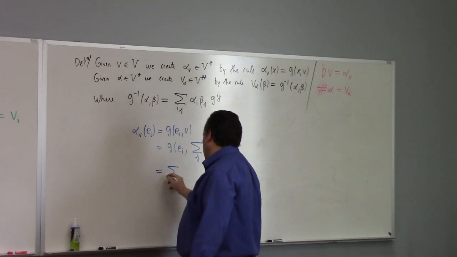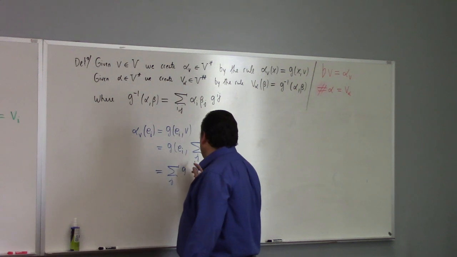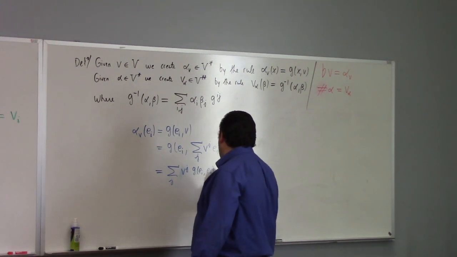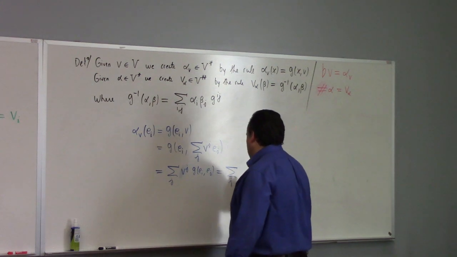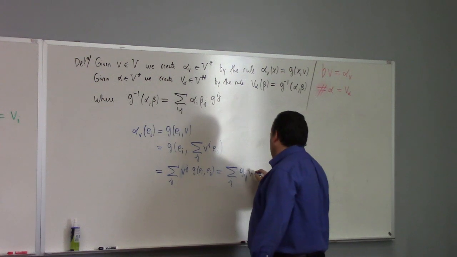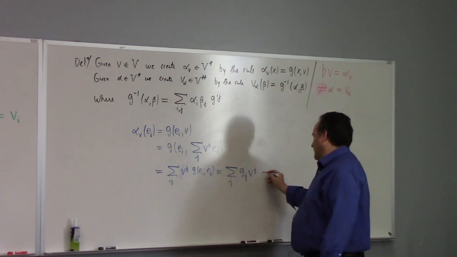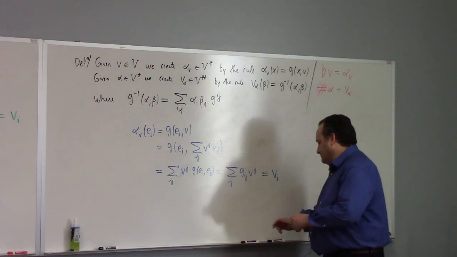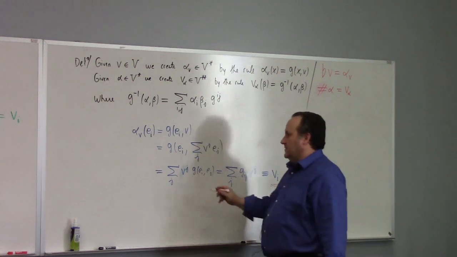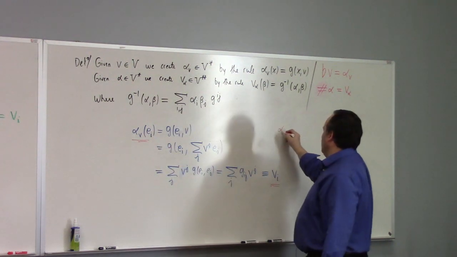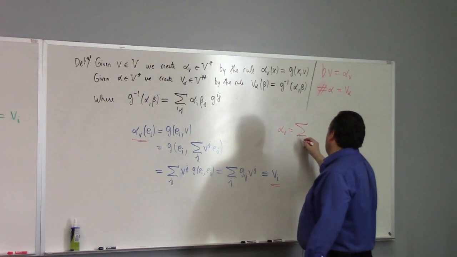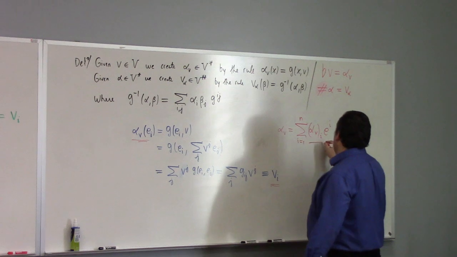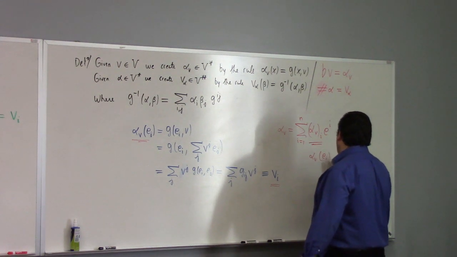Then by linearity, I pull out the sum over J, and I've got V upper J, G of EI, EJ, which of course gives me the sum over J of G_IJ, V upper J. But this is exactly what we defined a second ago as V lower I. So alpha sub V you would write as the sum from I equals 1 to n of alpha sub V's ith component times E upper I, where this would be alpha sub V of EI by our discussion last class.